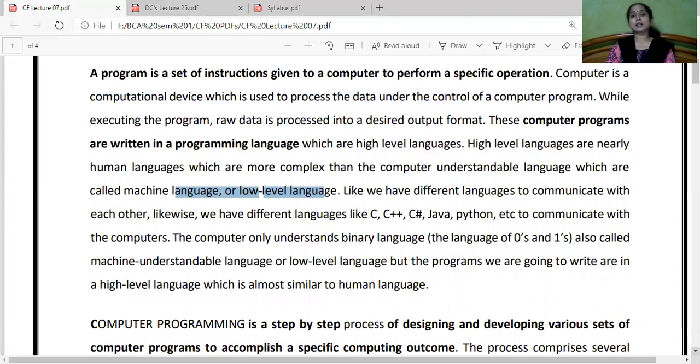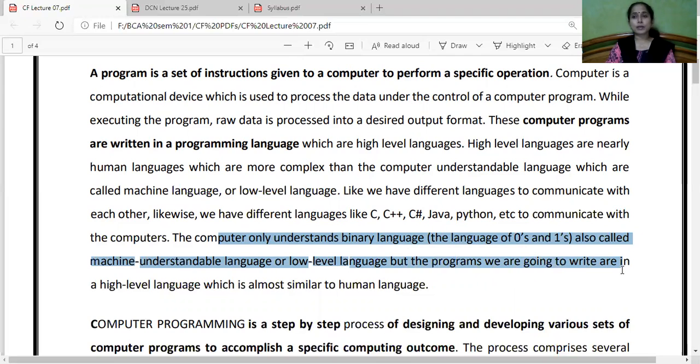Now, as we speak different languages, Hindi, Marathi, English, Urdu, Spanish, French, similarly you have different types of computer languages also, that is C, C++, C Sharp, Java, Python, etc. The computer only understands the binary language, that is the language of zeros and ones. That is called machine-understandable or low-level language. But the programs we are going to write are in a high-level language, which is almost similar to English-like languages.